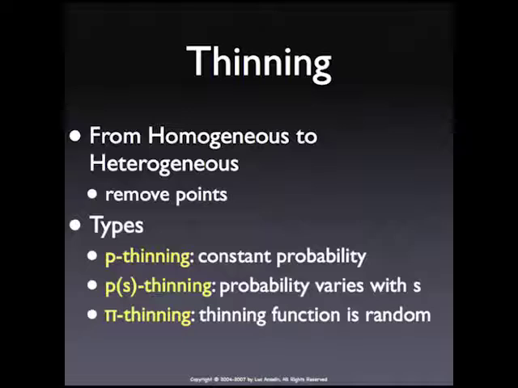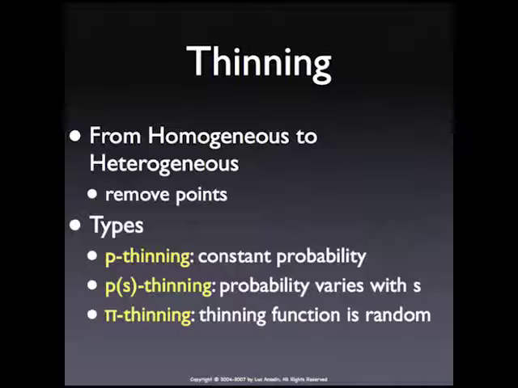Because we're going to posit some patterning with S, and then we'll generate the CSR points, look at each point in turn, and then look at the probability and make a decision on whether to keep that point or not. And that probability will be tied to where we are, to the location S. And that will get us the heterogeneity that we want.